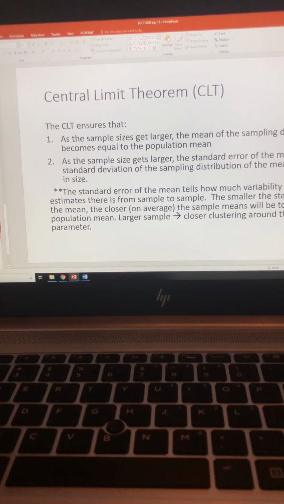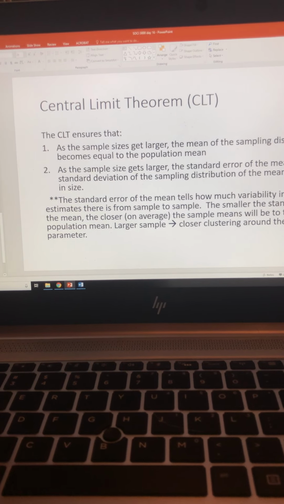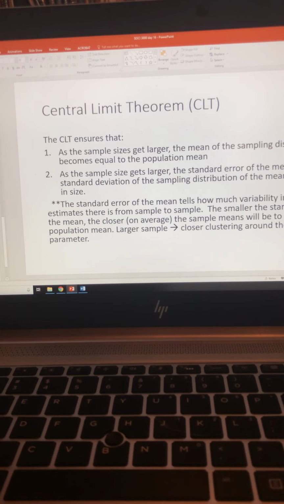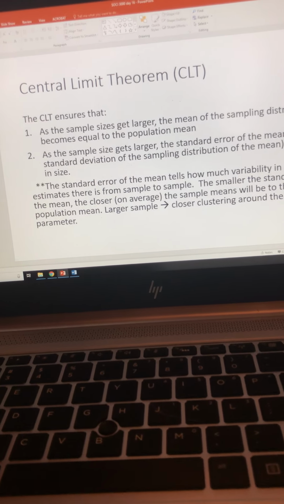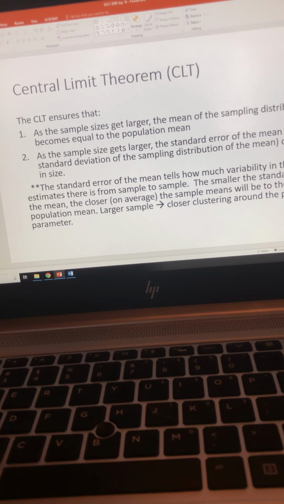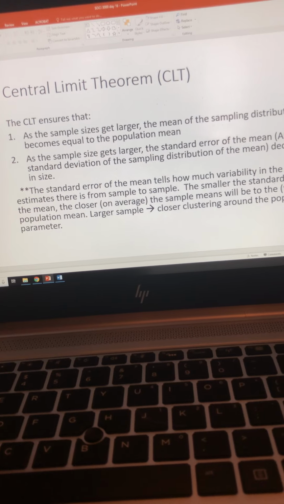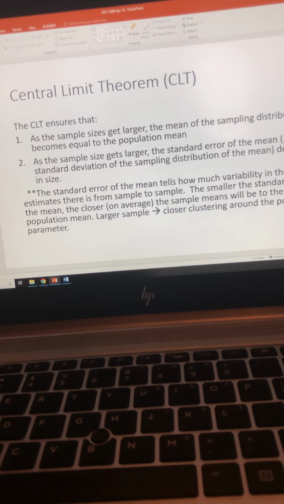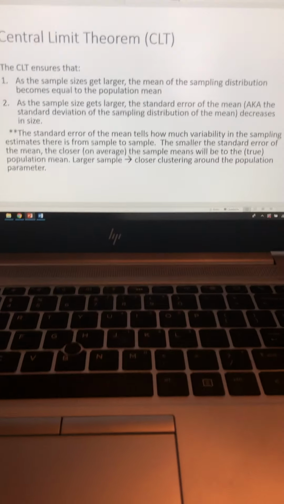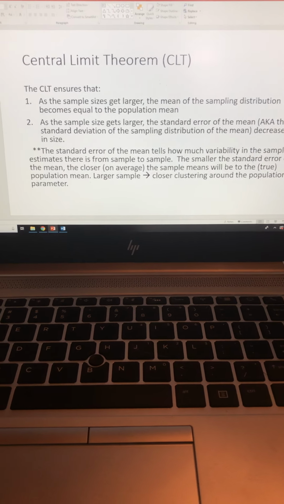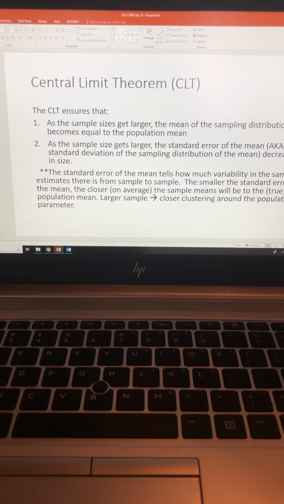Well, we could assume that the first example probably had a larger sample size because there's less variability in it. 52 is the central tendency measure, but with plus or minus 3 versus plus or minus 10, we're a lot more confident in our estimate for the first example. So we would assume that it had a larger sample size, and typically it does. So as the sample size increases, the standard error decreases.